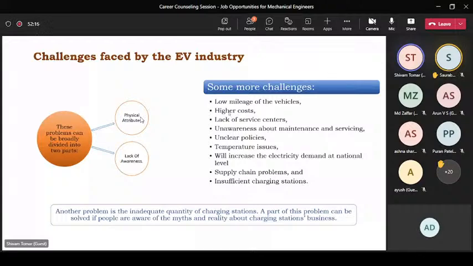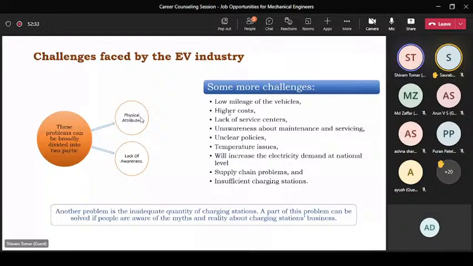Unclear policies, this is from the government side. Since the technology is very new to us, the government is changing the policies every two to three months.